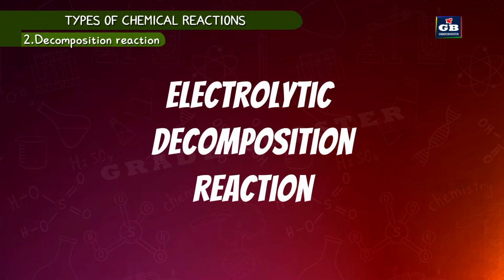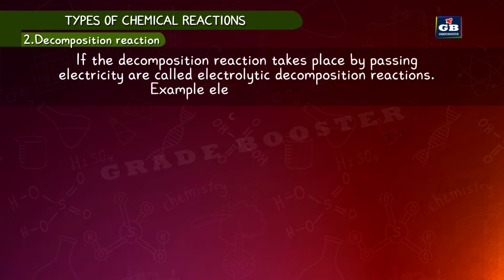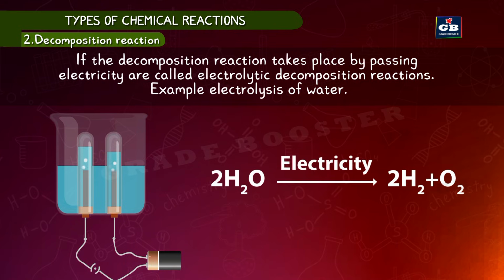Now let's see electrolytic decomposition. If the decomposition reaction takes place by passing electricity, such reaction is called electrolytic decomposition reaction. Example, electrolysis of water. The chemical equation for this reaction is 2H2O in presence of electricity gives 2H2 plus O2.